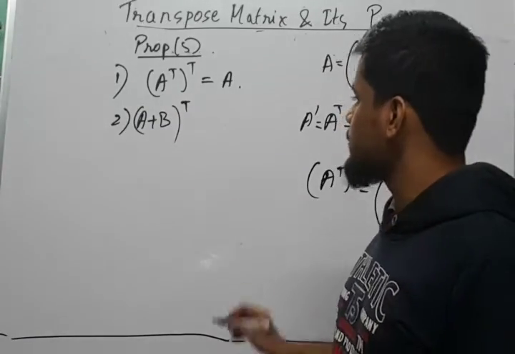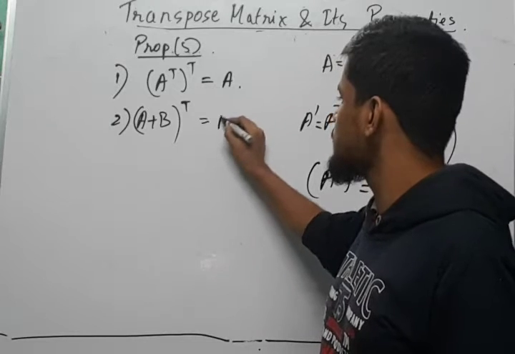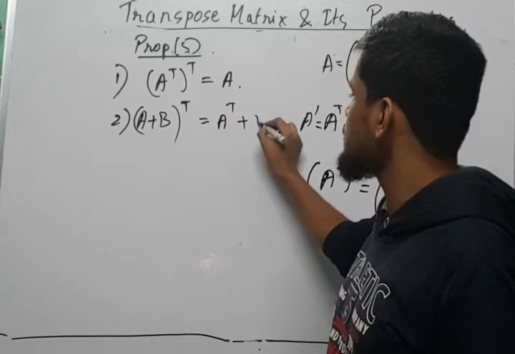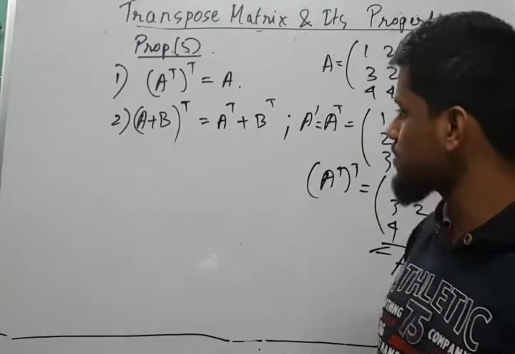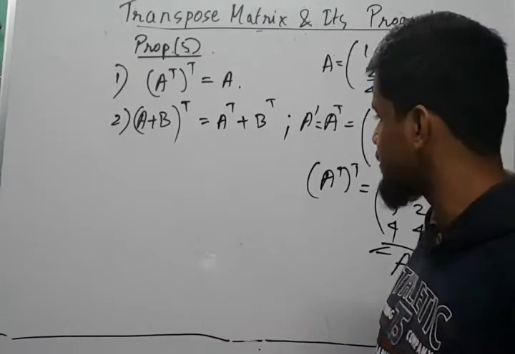So (A plus B) transpose will give us A transpose plus B transpose. This is the formula associated with the transpose of the sum of two matrices.